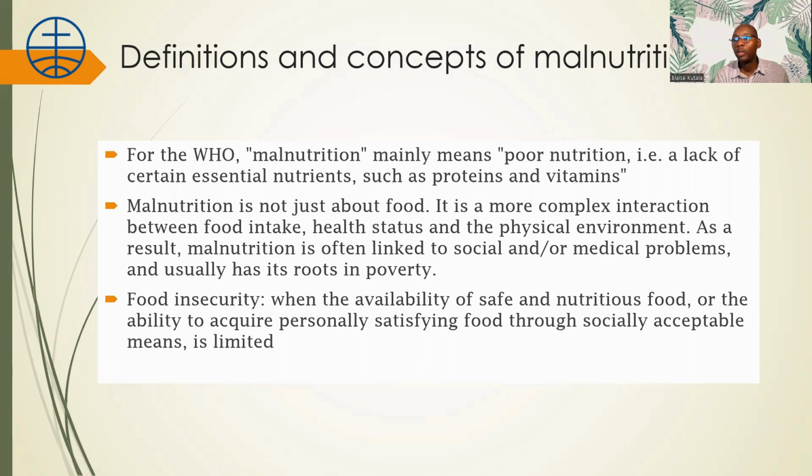For WHO, malnutrition mainly means poor nutrition, for example, a lack of certain essential nutrients, such as proteins and vitamins. But malnutrition is not just about food. It is a more complex interaction between food intake, health status, and the physical environment.